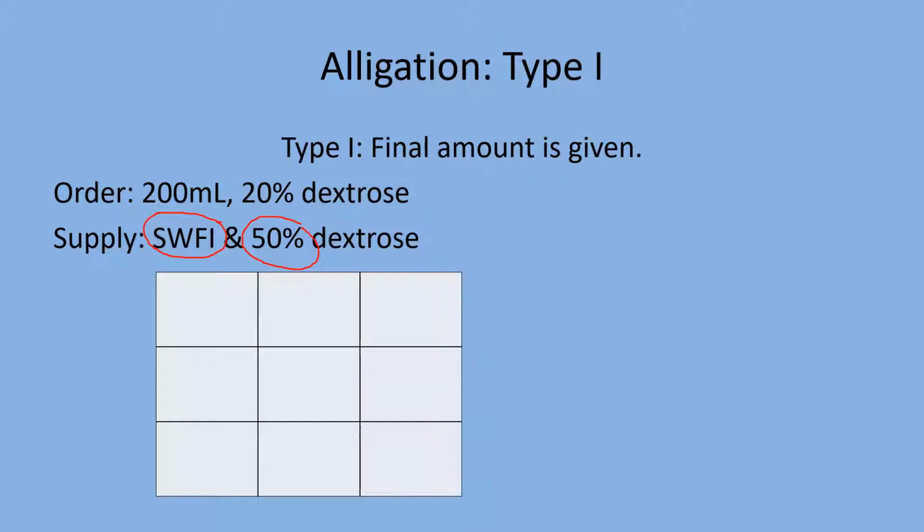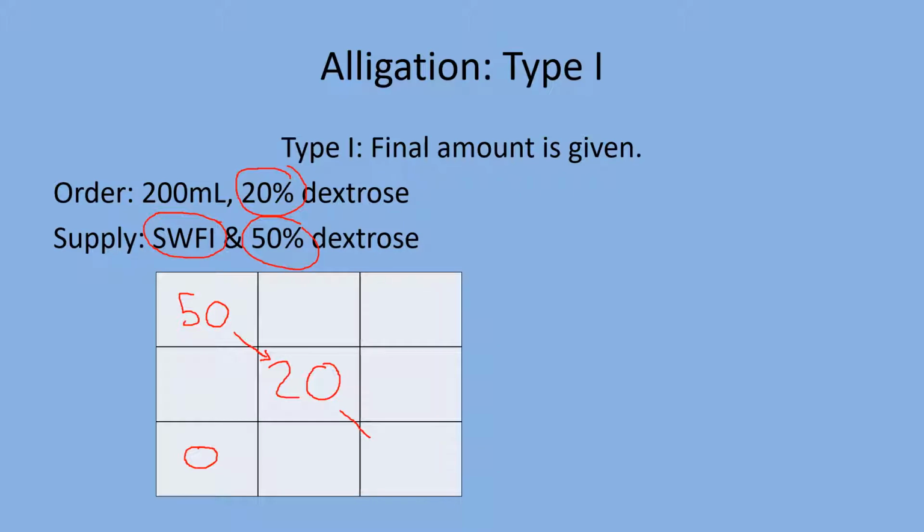So what's the first step, guys? You put the order in the middle. Here our order is 20. Next step, put the supplies on the left-hand side. We got 50%, and sterile water is just 0. The next step, we're going to find the difference.